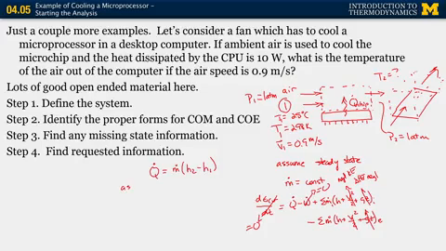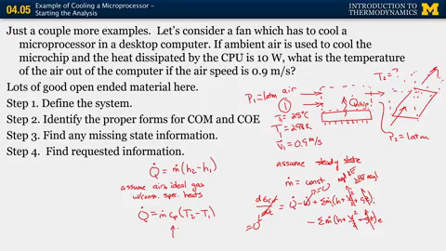So if we assume air is an ideal gas, well, then with constant specific heats, we know that this heat transfer can be described as simply the product of the constant pressure specific heat times the difference in the two temperatures at the inlet and outlet.